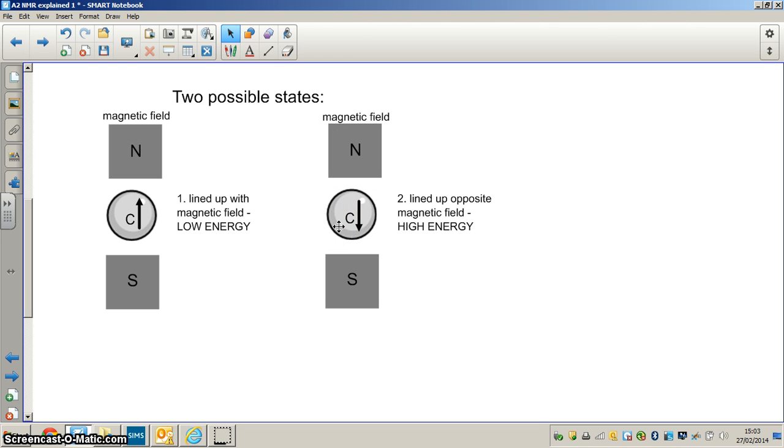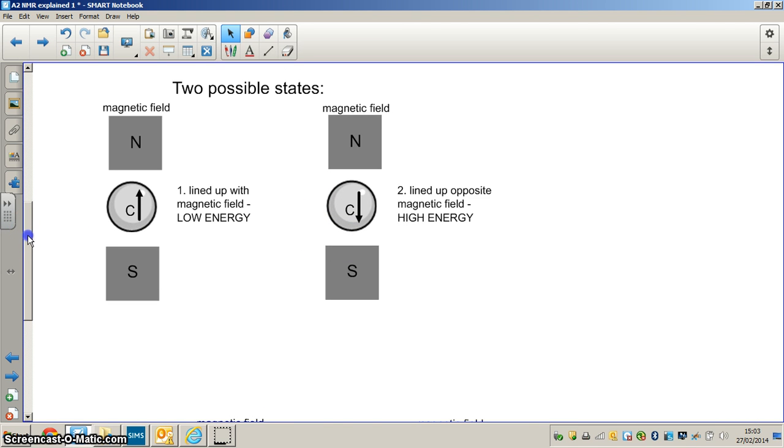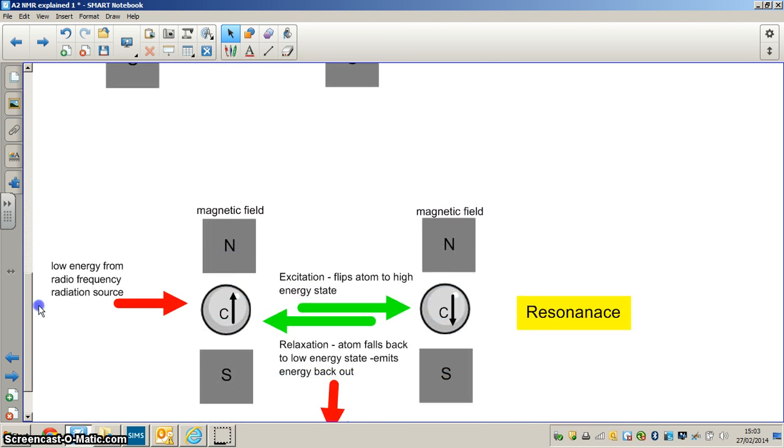So we've got a low energy state where the magnetism lines up, and we've got a high energy state where the magnetism does not line up. So what way forward now?